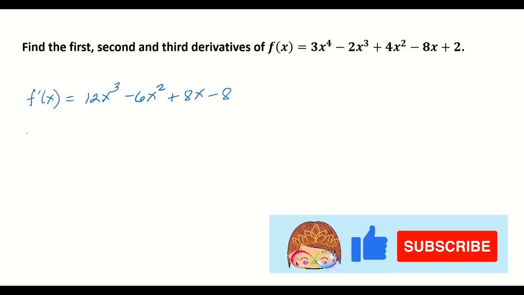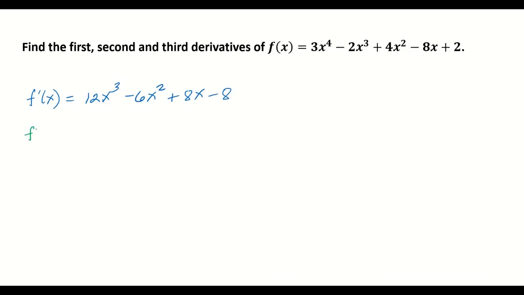To get the second derivative, we just need to get the derivative of the first derivative. So that would be 36x squared minus 12x plus 8. And to get the third derivative, we need to get the derivative of the second derivative. So we have 72x minus 12.